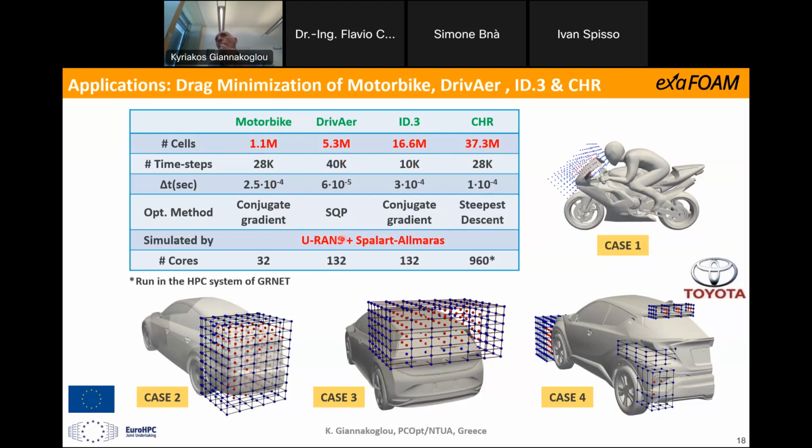In all of them, we are using the URANS and Spalart-Allmaras and the corresponding adjoint method. And as you might see in the last row of this matrix, we have a different number of cores from 30 till almost 1,000. Why? Because we have different requirements. It suffices here to multiply the number of grid cells with the number of time steps and understand the volume of information you have to store in all these cases.